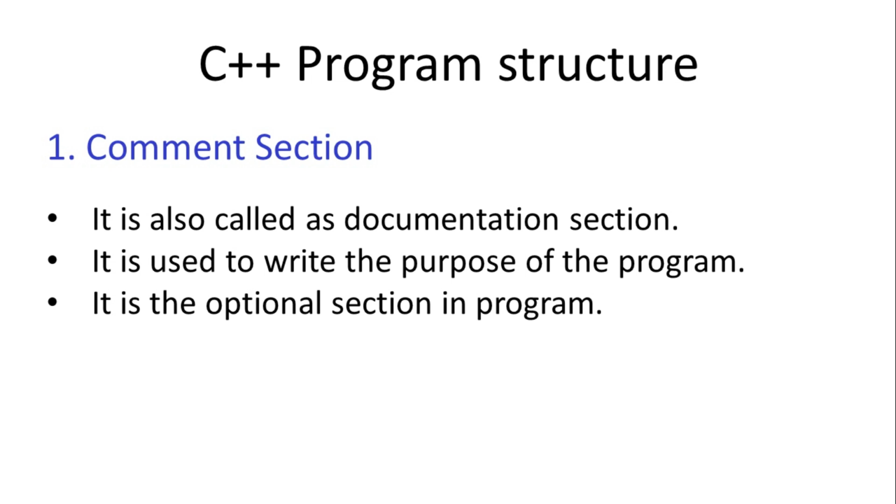Finding one program out of 10 will be difficult if he has to read every line, because the programs are lengthy. So to define the purpose of the program at the start, a comment section can be included. By reading that comment, the user will come to know the purpose of the program. The comment section is optional, but it is good practice to include it in your program.